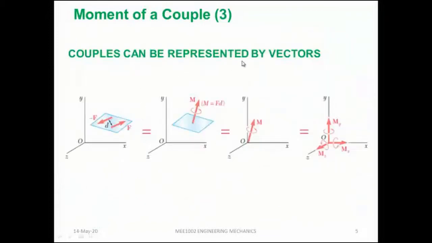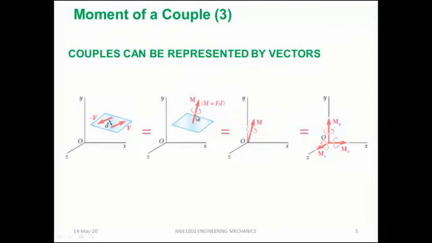Couples can be represented by vectors. So you know, when two forces are in a plane and the direction of the couple is anti-clockwise, you see that it is equal to, this is the direction. So the moment of this couple is nothing but force into the perpendicular distance between the forces forming the couple.